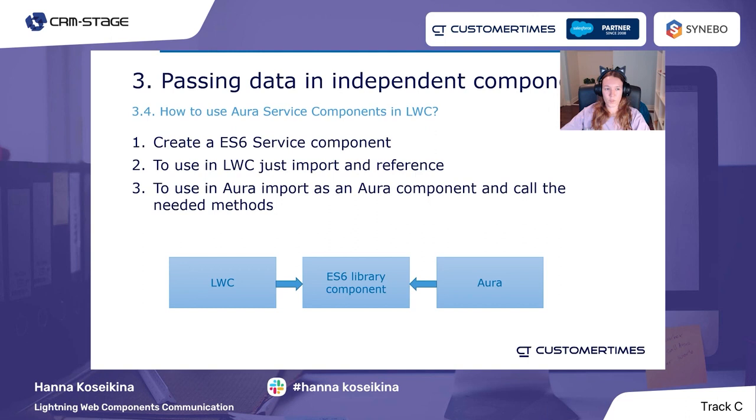If you want to use it in an LWC, you just import and reference it in the same way as we imported PubSub, for example. And if you want to use it in an Aura component, then you just import it as an Aura component and call the needed methods, as we've done a lot of times in our life.